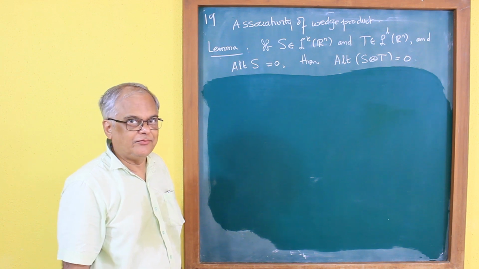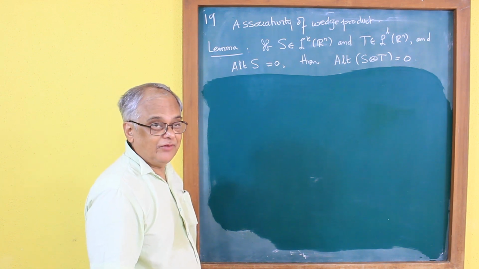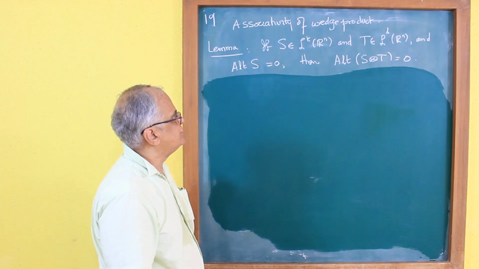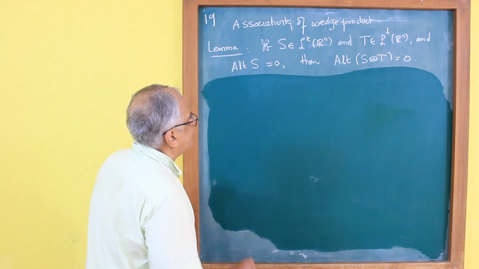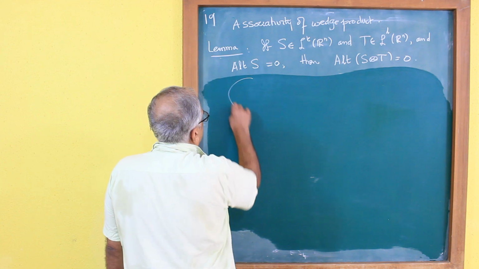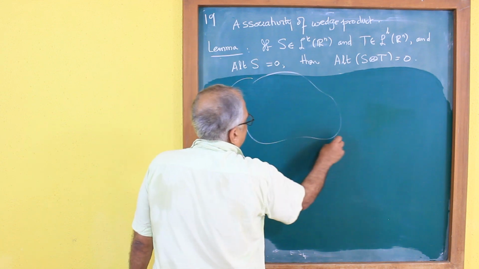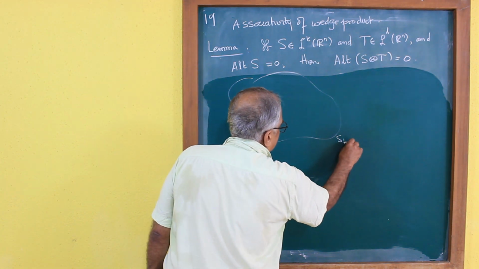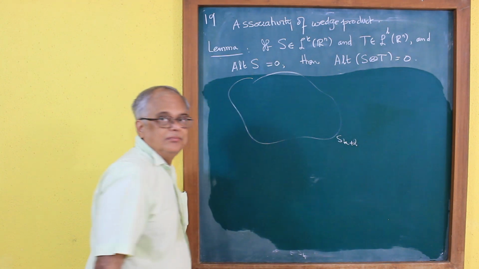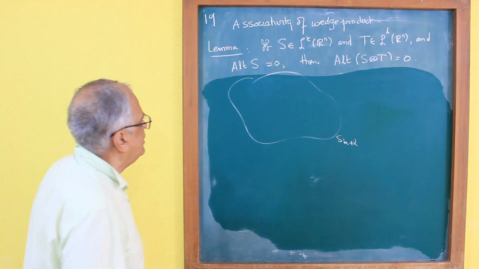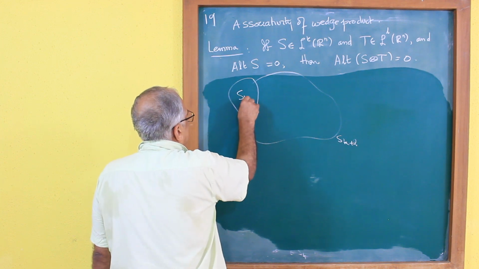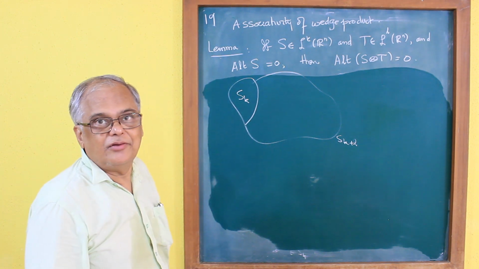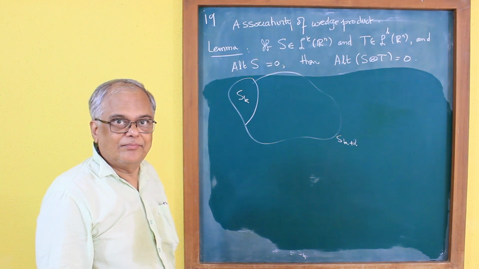This is a very powerful idea, and we are saying something more than just saying that alt S density is 0. The idea is the following. This is the whole of Sk+L. In it, I have a subgroup called Sk.